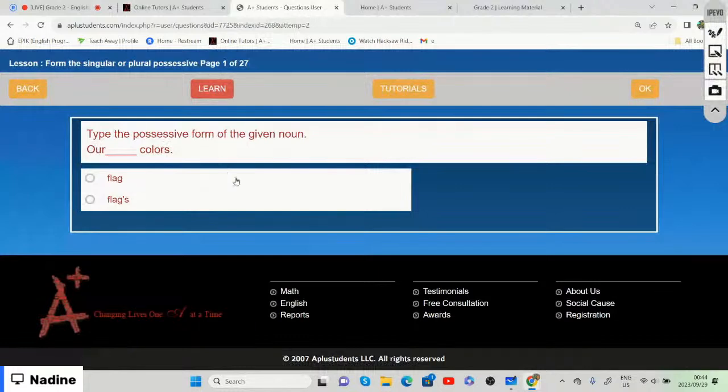Our flag colors or our flags' colors. And if we want to show the possessive form of the given noun, then we will say our flags' colors, right? Because it basically shows or makes mention of the colors of the flag. So our flags' colors.